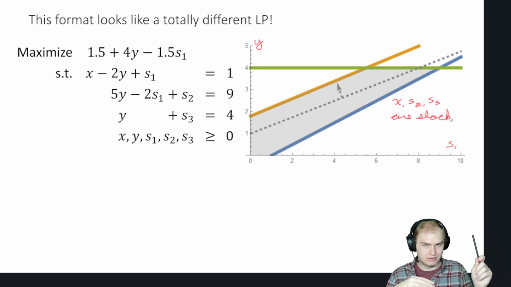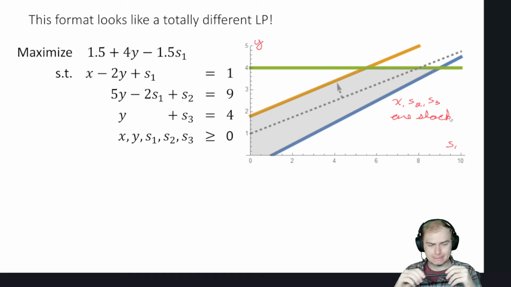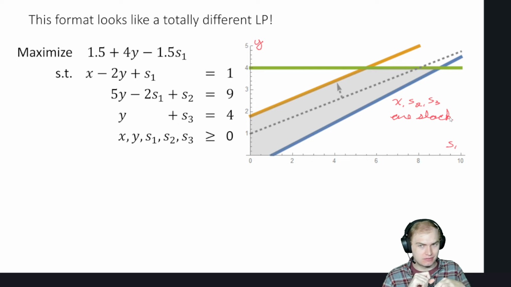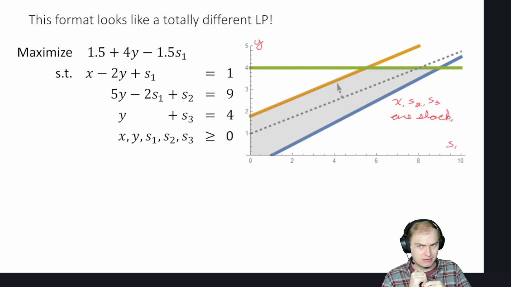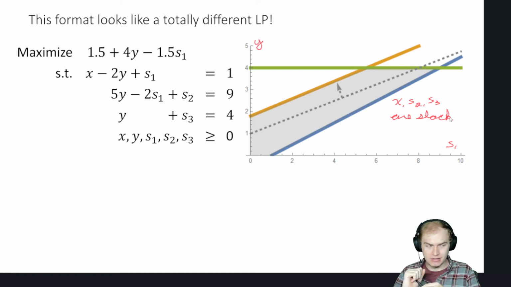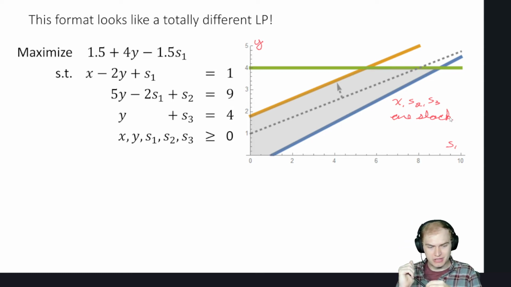And all I've done different here from the last few slides is project this onto S1 instead of onto X. Just to give us some idea that we can interpret these LPs in a variety of different ways, but they're all sort of equivalent. All of those interpretations.